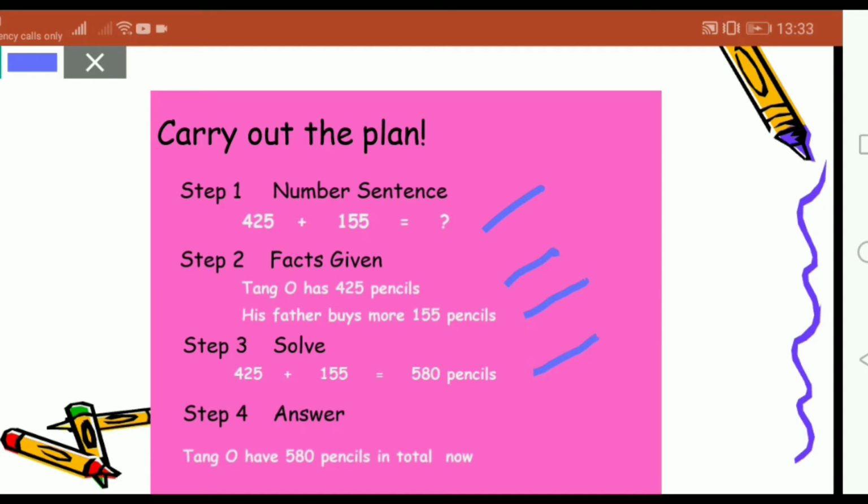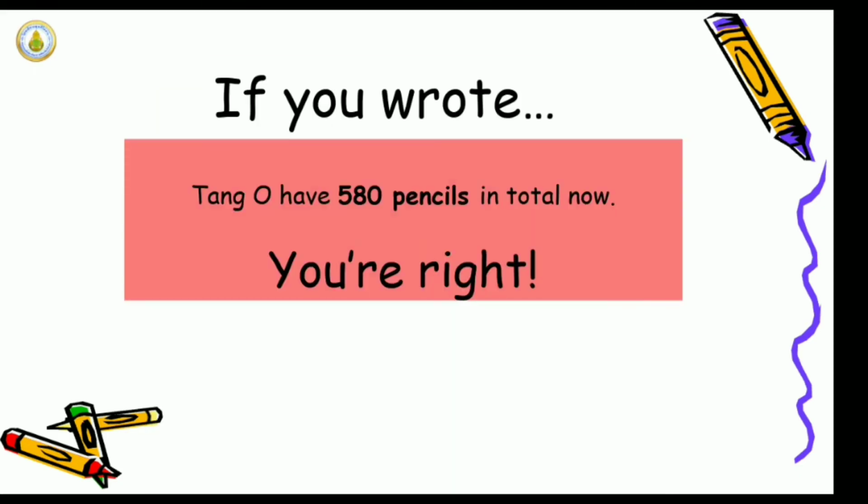And step 4, write the answer in a sentence, depending on the question. Those are the 4 steps. Well done. If your answer is Tang O has 580 pencils in total now, you're right. Good job.